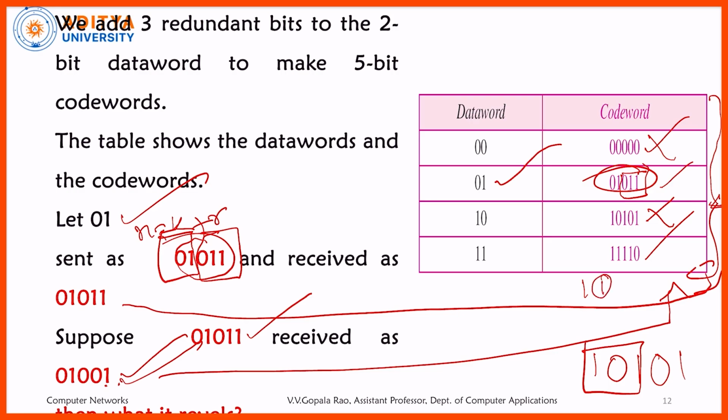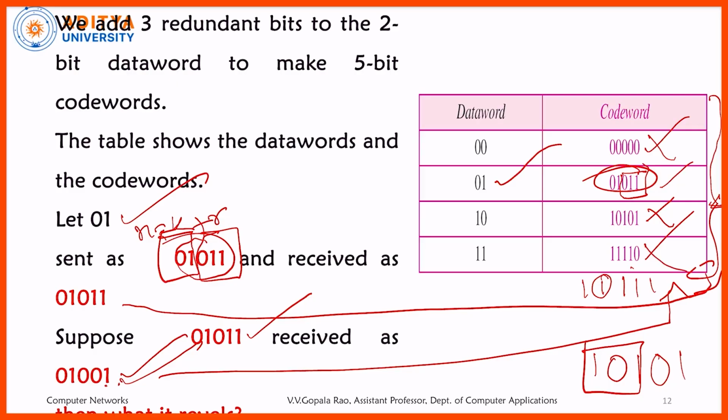The third bit is 0 but here it is 1, so it is altered. The fourth bit is 0 and it is considered as 1, so it is also altered. The last bit is 1 and it is noticed as 0. So 4 bits are altered, but our assumption is that only 1 bit is altered, and here we are noticing 4 bits are altered.